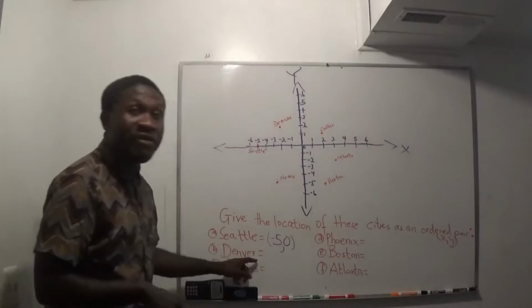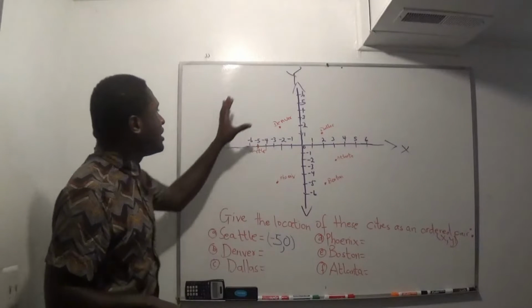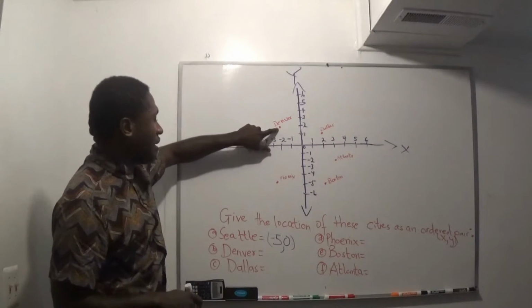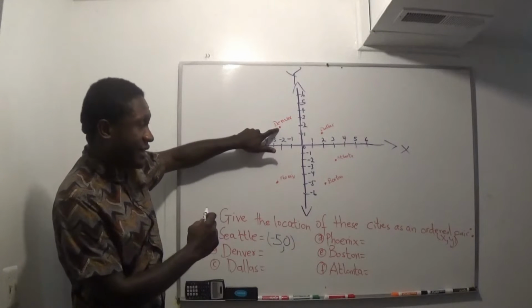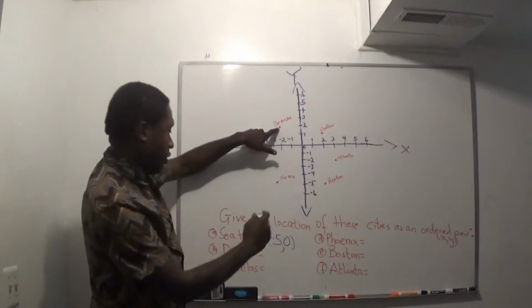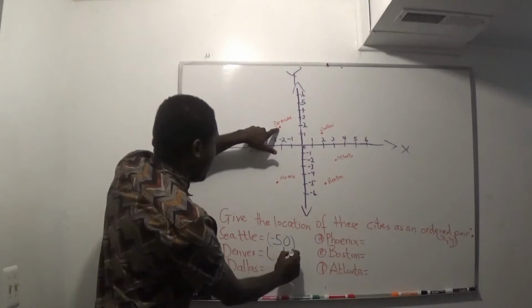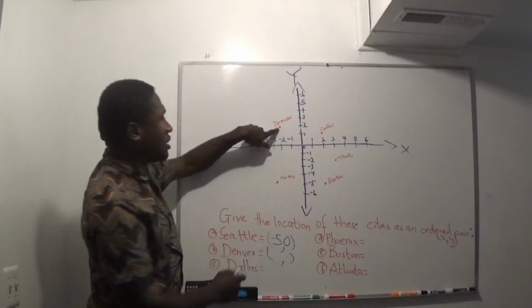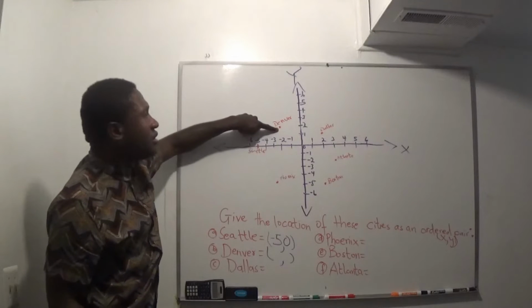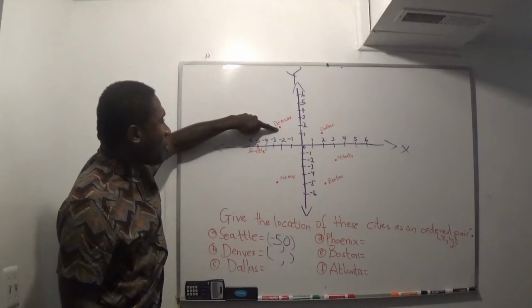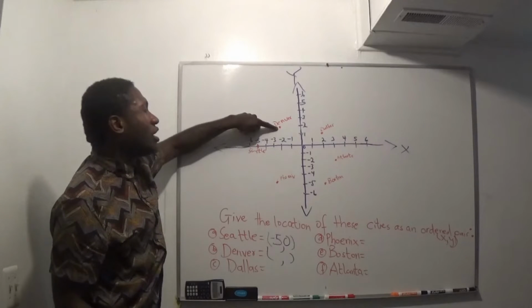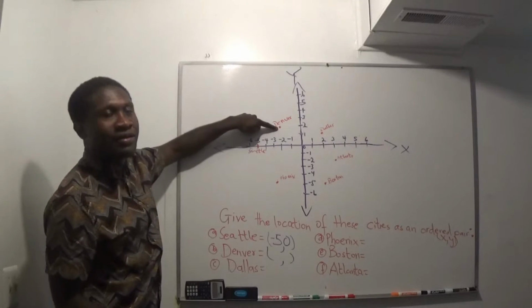Okay, what about for Denver? Where is Denver? Denver is right here, right? So again, they want us to give the location of this city as an ordered pair, which is this right here. First number is your X, second one is your Y. So for Denver, which is this point right here, what is your X and what is your Y?